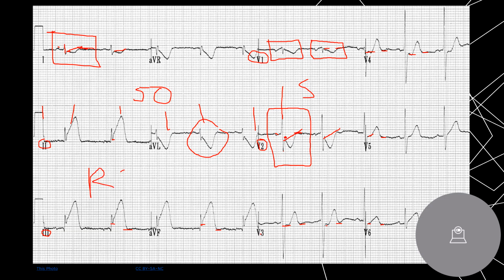Which, if you think about it, if that became infarcted or even ischemic, it could mess with the electrical system, hence mess with the rate. And this will commonly show you bradycardia or even heart blocks. So, all right, let's move on. But this would be an inferior wall MI.